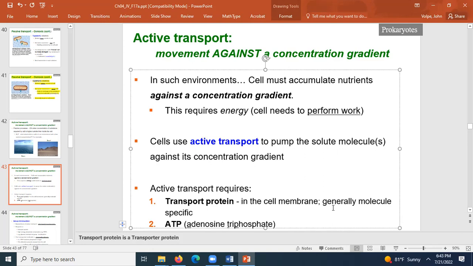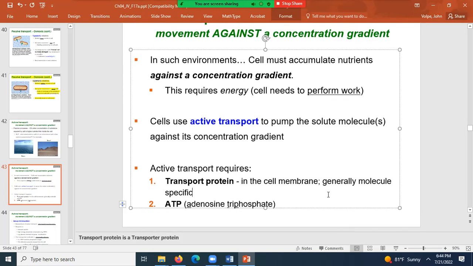So this requires active transport, which requires a transport protein in the cell membrane, which generally is molecule specific, meaning for each molecule type, like glucose, that we want to move into the cell, we have to have one transport protein.